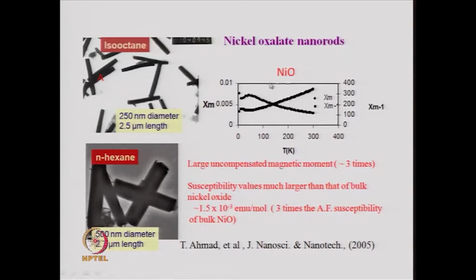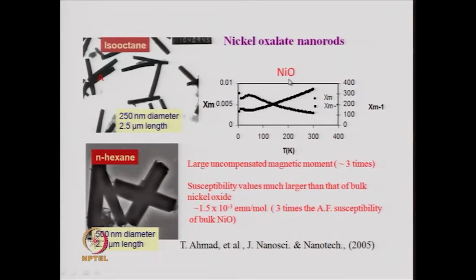And when you look at the magnetic property of this nickel oxide, say the magnetic susceptibility as a function of temperature, then you calculate the magnetic moment. It is 3 times larger than the magnetic moment of true bulk nickel oxide, because nickel oxide is again antiferromagnetic, and so the magnetic moment is very low in bulk nickel oxide.